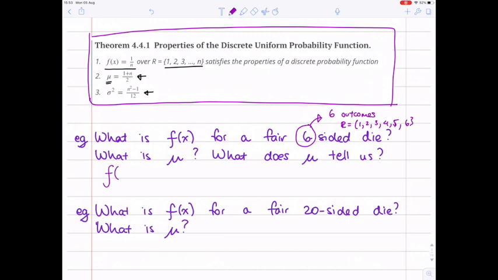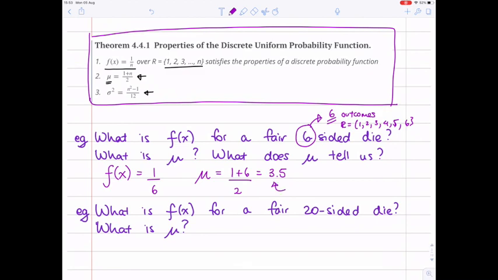So our f of x is going to be 1 over 6. Our mu, which is our mean, is going to be (1 plus 6) over 2, which gives us 3.5.